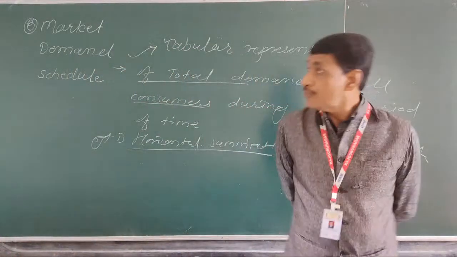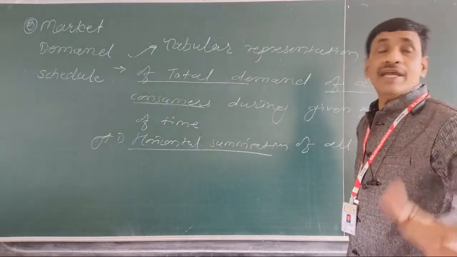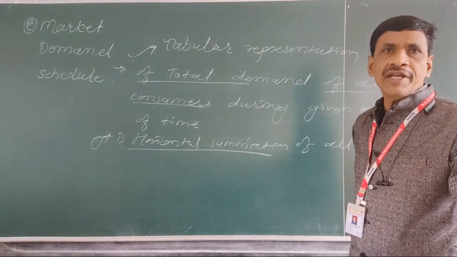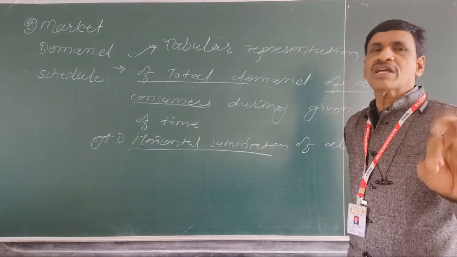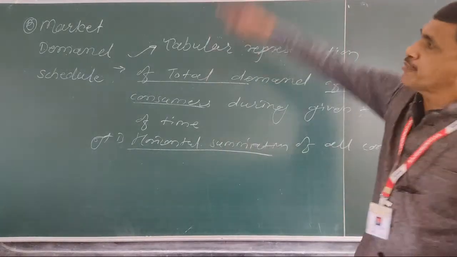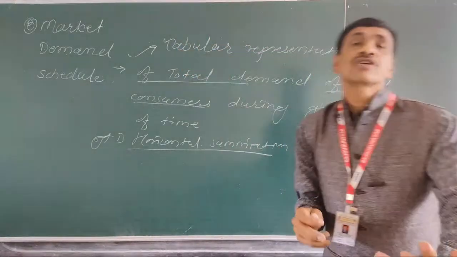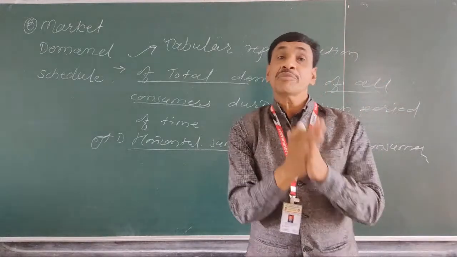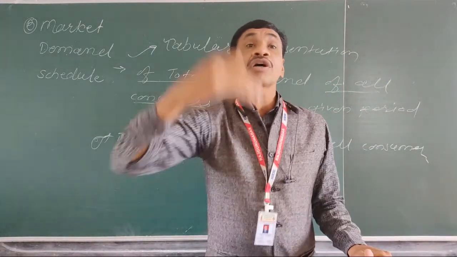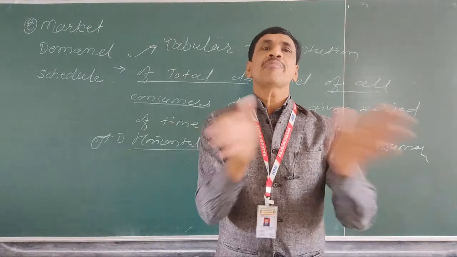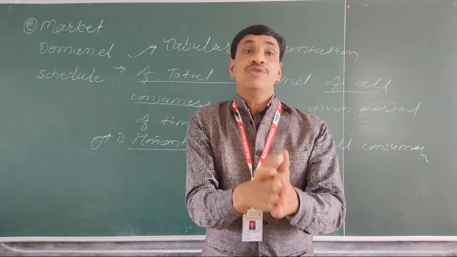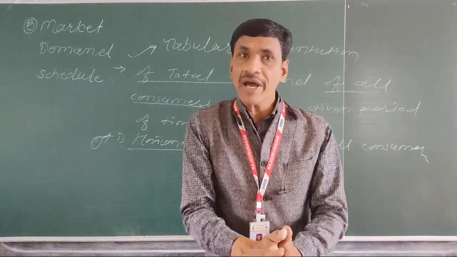Okay, so the simple meaning: individual demand indicates single consumer demand, and market demand indicates total consumer demand or all consumers demand. That is the main distinction between individual demand and market demand.